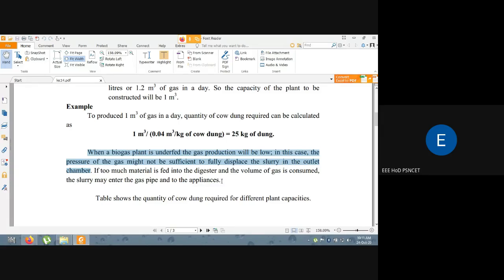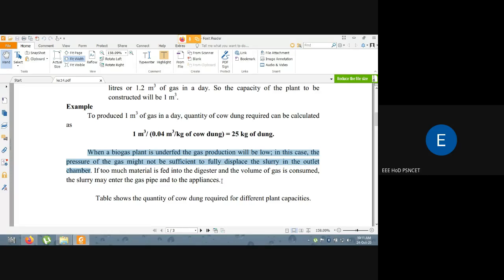So the size of the biogas digester chamber and the amount of dung we are going to feed into the chamber should be calculated as per the given regulation. A regulation has been given here.